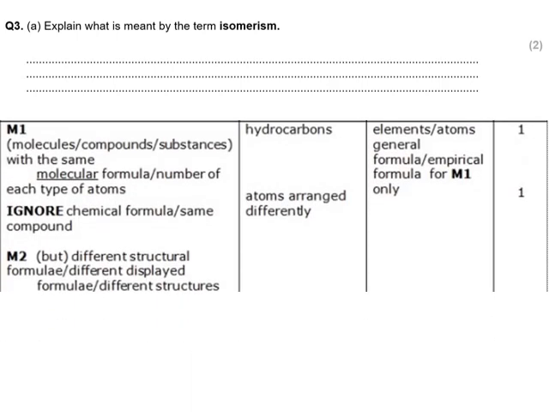Okay, isomers, they have the same molecular formula. Let's choose C4H10 because that's the smallest alkane which shows isomerism, and that has a displayed formula of 4 carbons. So this is the straight chain butane, and you have all your hydrogens.